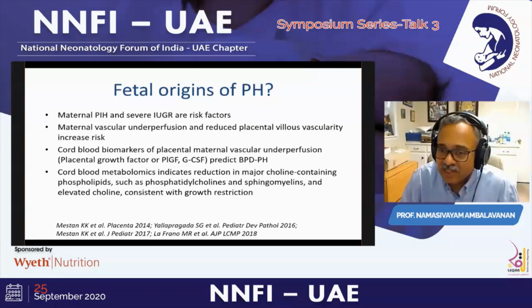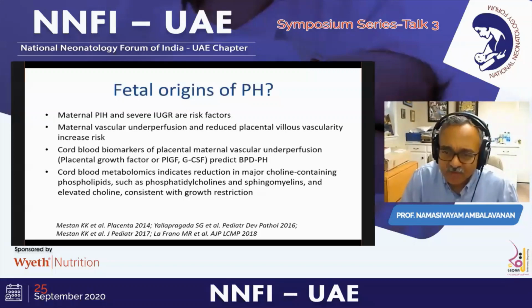But we know that if the placenta is bad, that is, if there is maternal vascular underperfusion and reduced placental villus vascularity, if the placenta doesn't have too many blood vessels, then the baby's internal organs, including the lung, also have fewer blood vessels.